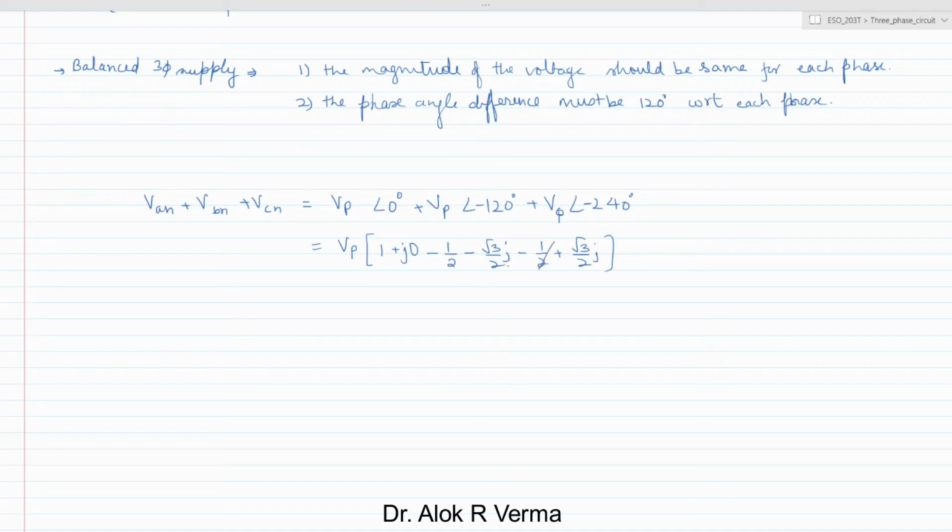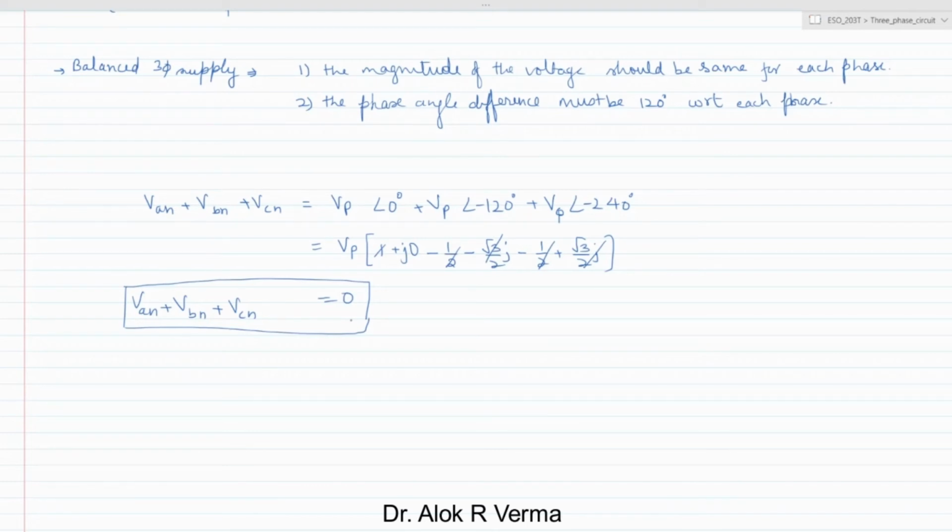So you see 1 by 2, 1 by 2 and 1 will cancel, and this will get cancelled with this. So we'll get 0. It means that VAN plus VBN plus VCN, the phasor sum of all the phase voltages, will be 0 in a star connection.